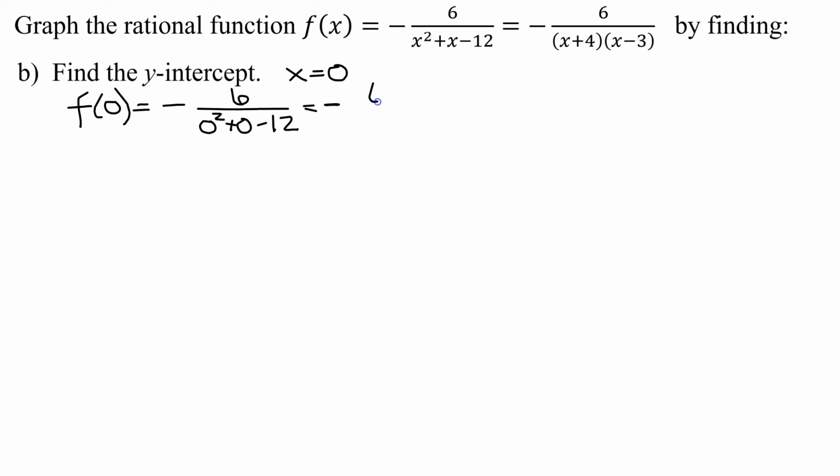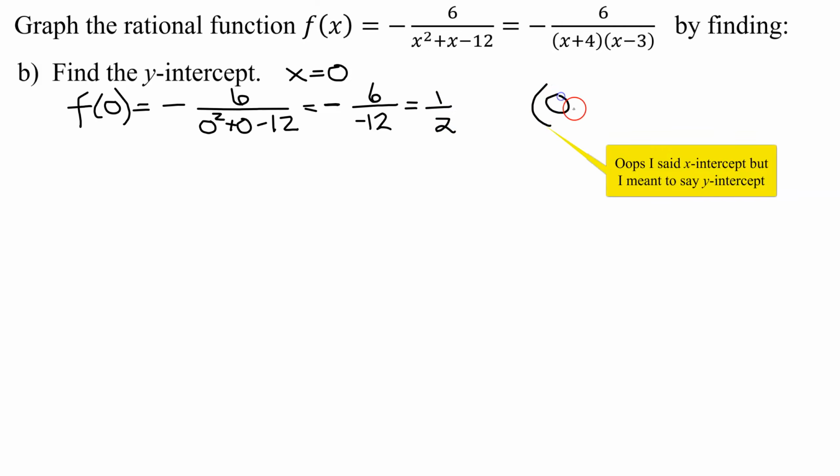So it's -6 divided by 0 squared plus 0 is 0, so the only thing in the denominator is -12. So I have -6 divided by -12, which when I reduce it gives me +1/2. So my y-intercept is 0, 1/2.